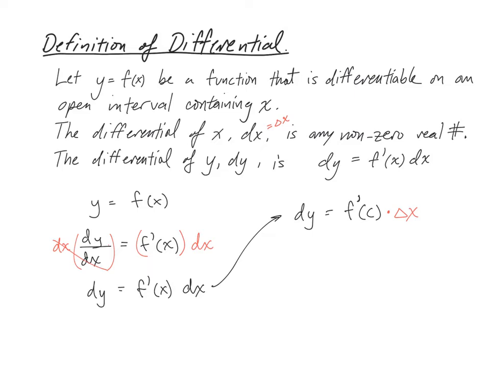We don't want this dx or this delta x to be very big at all. We want them to be within maybe 1/10 or 1/100th of a unit to the value we are trying to approximate.